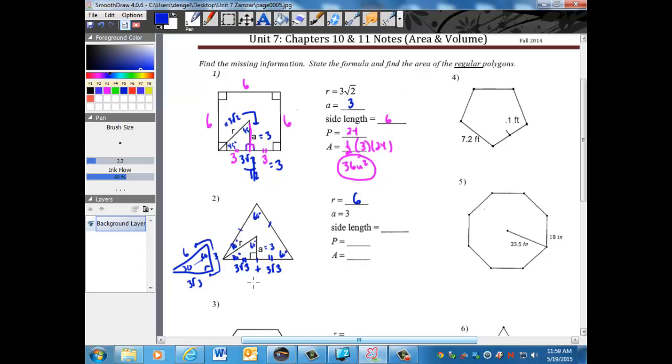And if we add these two up, we get a base of 6 rad 3, or our side is going to be 6 rad 3 all the way around. So side length 6 rad 3. And when we add up 6 rad 3 3 times, or multiply it by 3, we get 18 rad 3. And then the area is going to be 1/2 times 3 times 18 rad 3, which is going to be 27 rad 3, and that would be units squared.